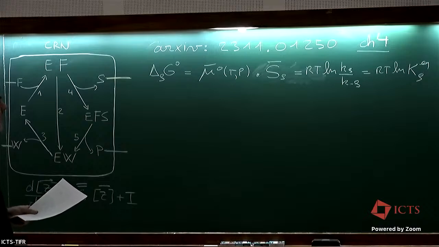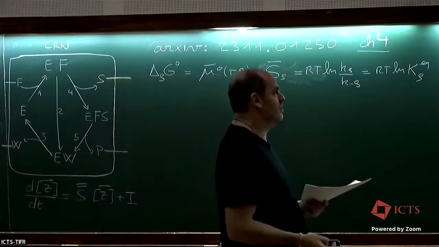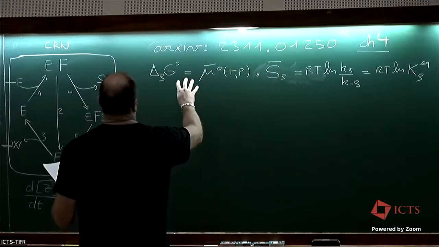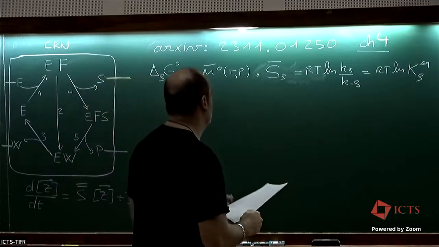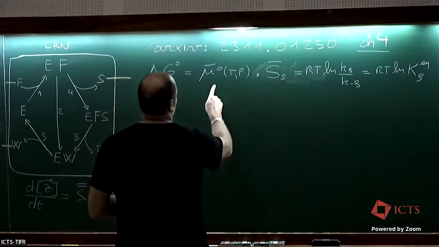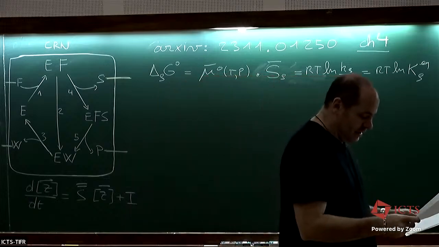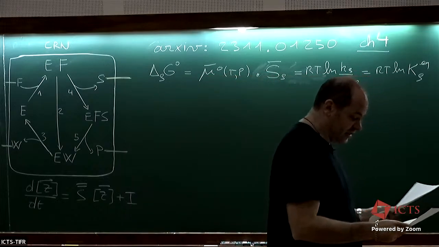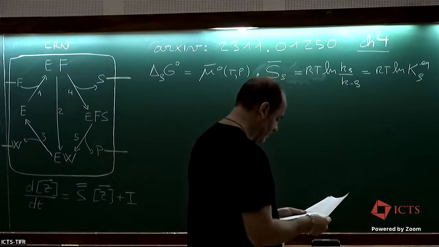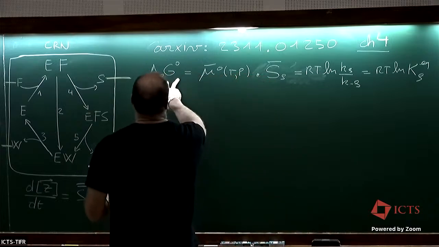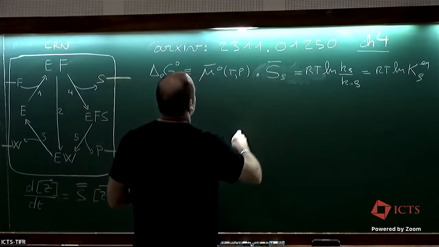solutions. And from the fact that equilibrium is a minimum, I argued that when we increment a little change of concentration due to a given reaction, the condition of the minimum requires that the delta G variation is 0, and as a result I could derive this condition that I define as delta G 0, so the change of the mu zeros.